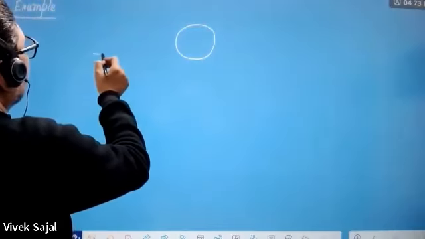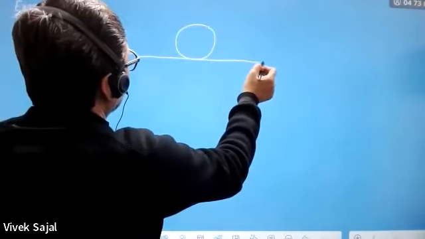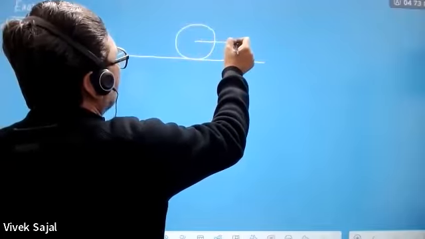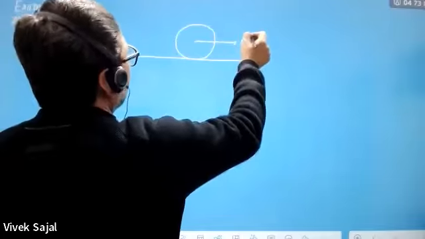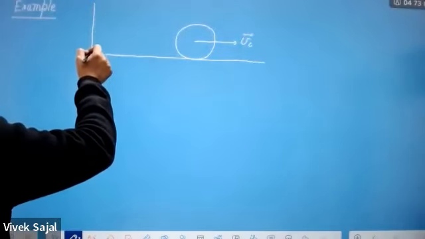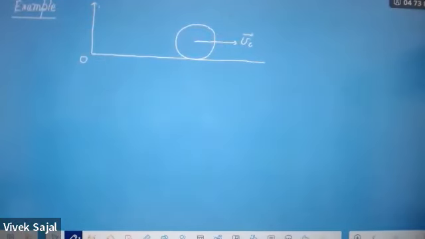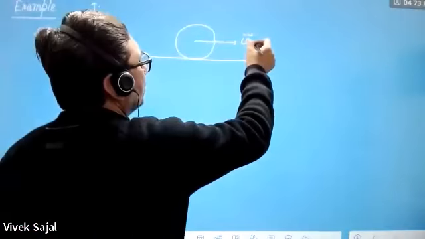It is like this, and it is moving with this velocity we see here. This is origin. So this type of diagram is given, and radius of this sphere is r, and this is v naught.